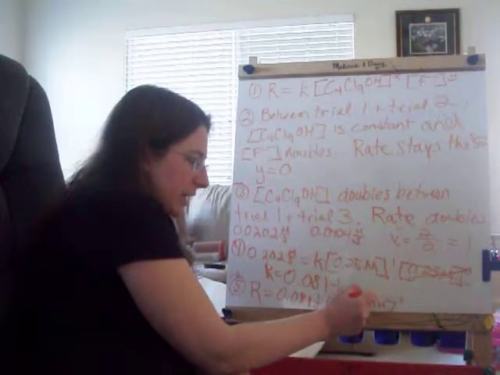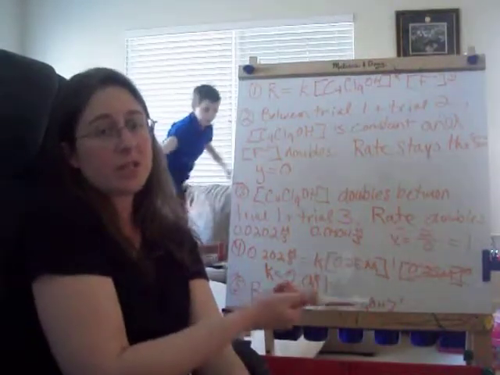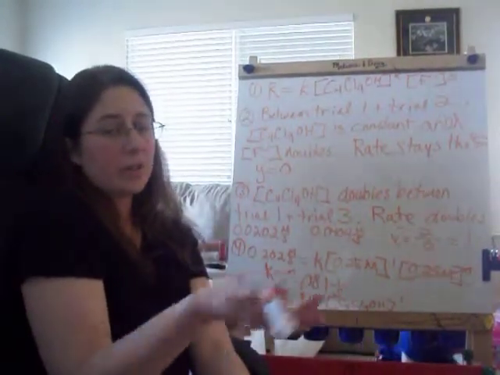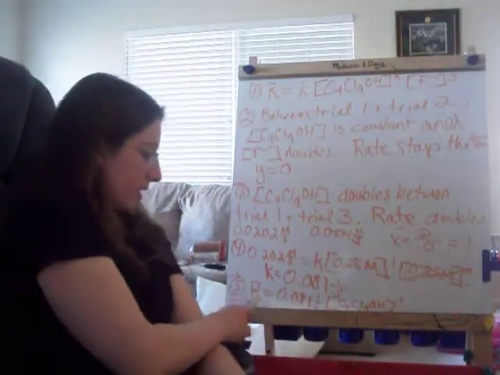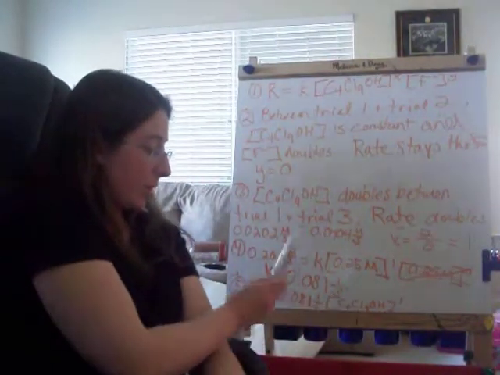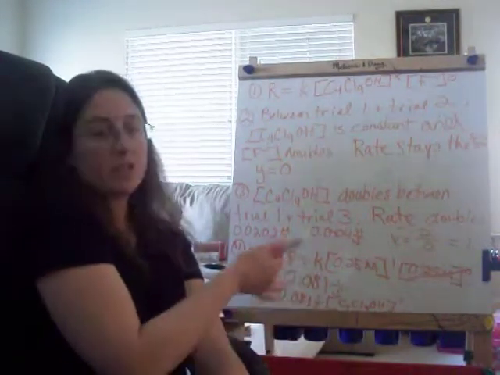And that's actually it. We don't even need to include the fluorine ion because it's zero order with respect to the fluorine ion. So it does not affect the rate at all. So this is our rate equation. R equals 0.081 per second times the concentration of C4Cl9OH raised to the first power.